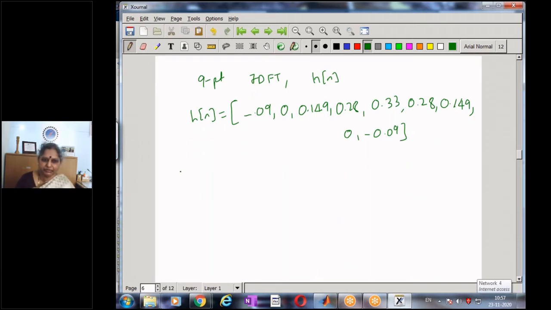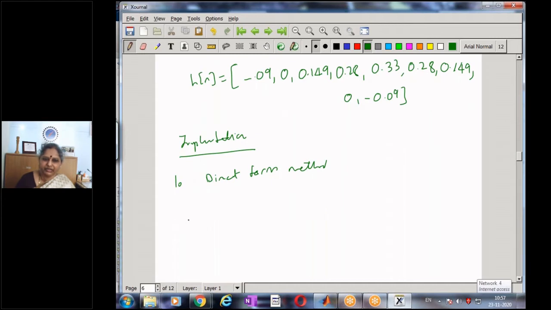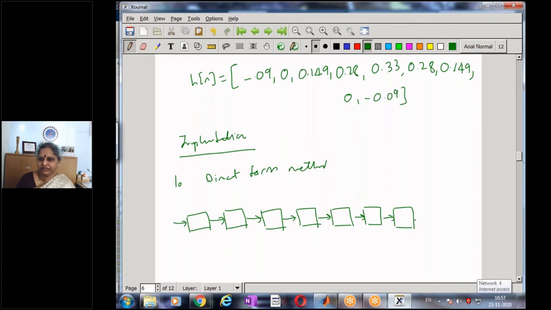filter, coming to the implementation, one, I can use a direct form method, wherein I will use 8 delay elements, 1, 2, 3, 4, 5, 6, 7, 8 delay elements.